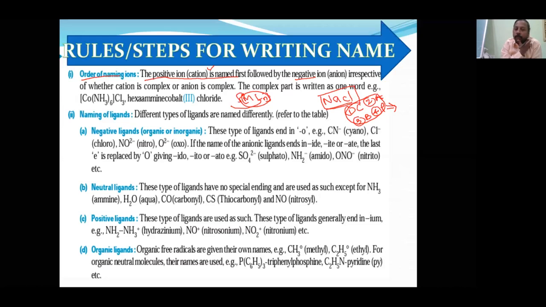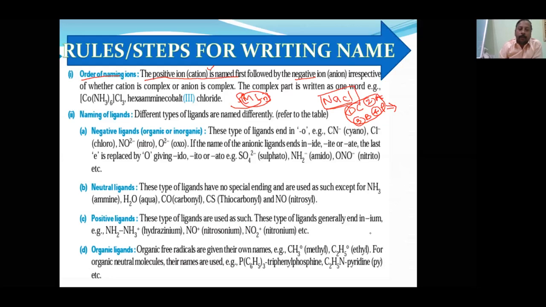So how to write the ligands? I have segregated them into four types of ligands. Ligands means anything which donates a lone pair of electrons to the central metal ion. I will give you the rough structure so that you have an idea of how it looks.